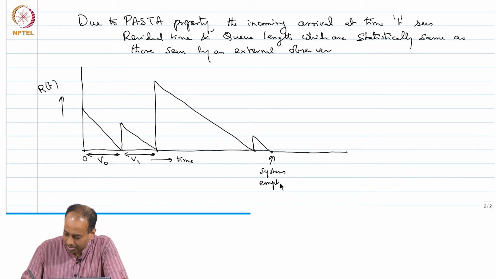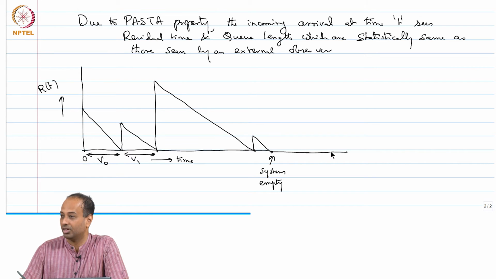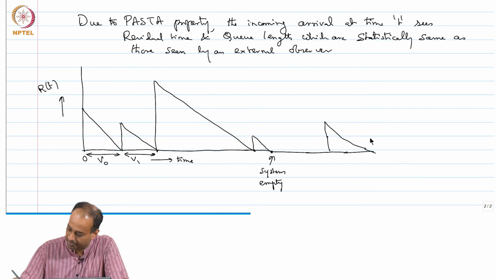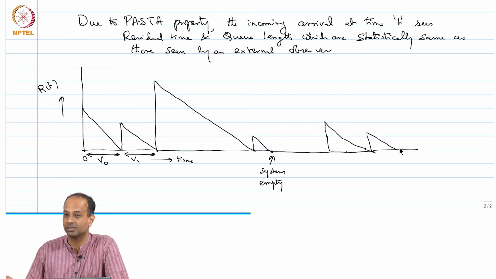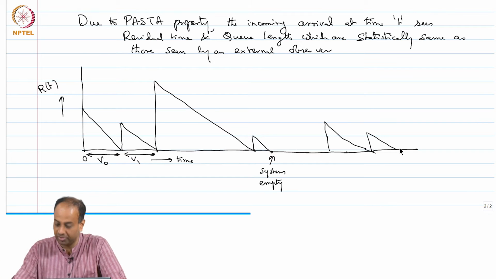I am just drawing some typical R of t sample path. Then it is 0 for some time until the next arrival comes, which will again have these triangles. These have to be isosceles triangles, okay.